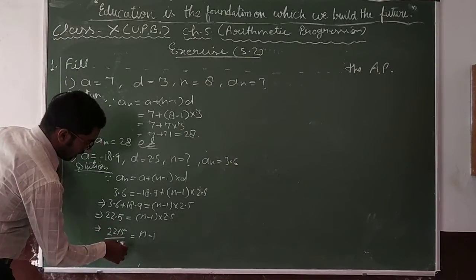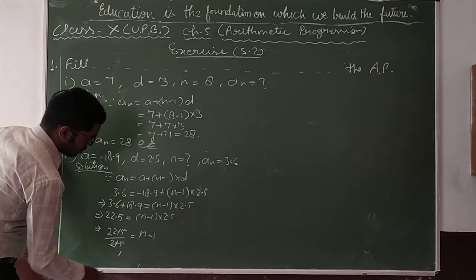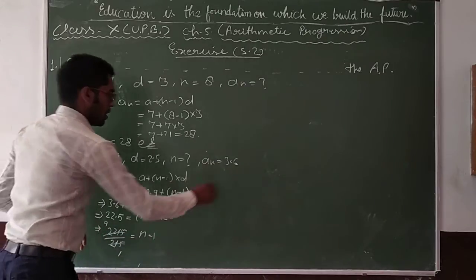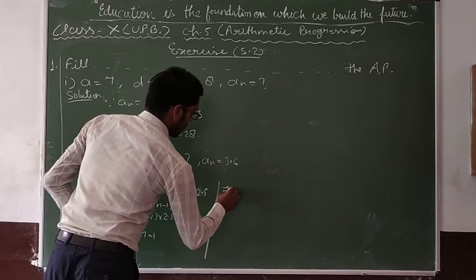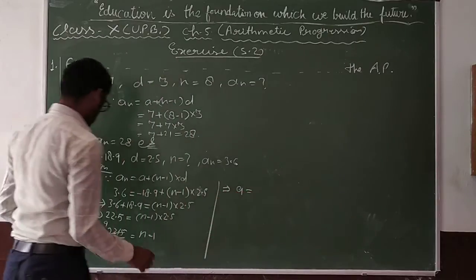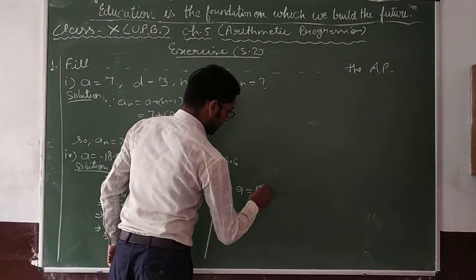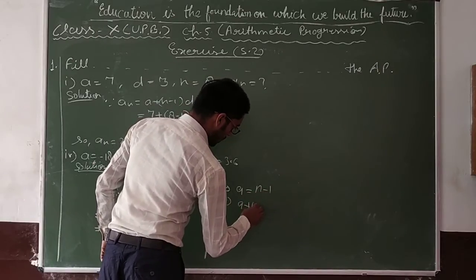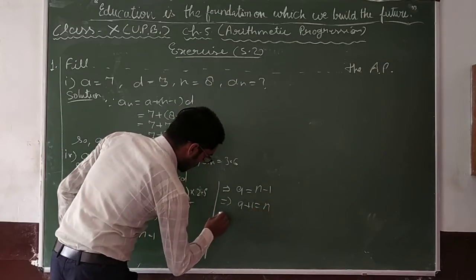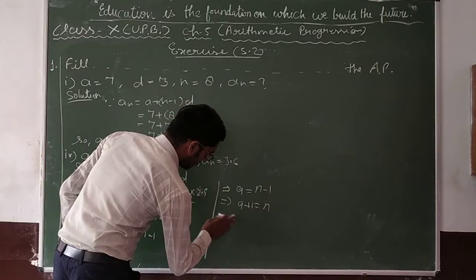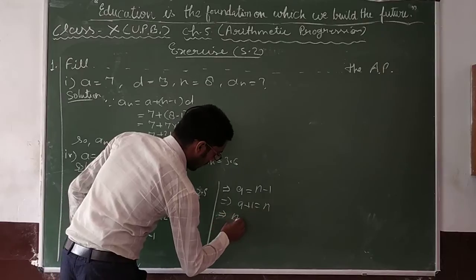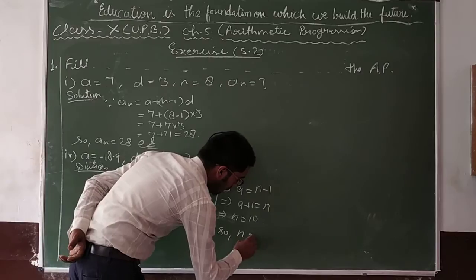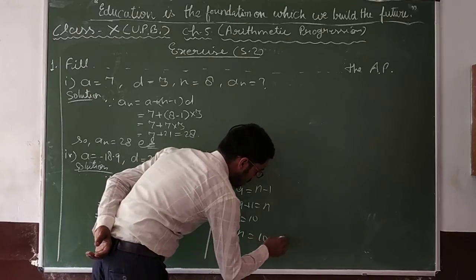Now divide 225 by 25, that is 9. So 9 is equal to n minus 1. Then 9 plus 1 is equal to n. It means n is equal to 10. So the number of terms is 10 in the given series.